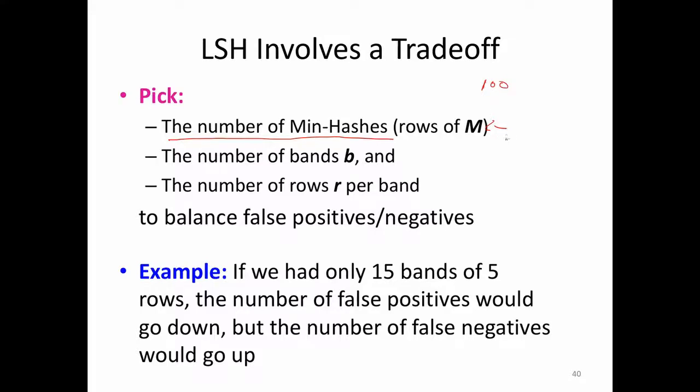Of course, this depends on how much memory you have. So you know how much space each min hash signature is going to take, and you know how many documents you have. So you can calculate, based on the total amount of memory that you have, how many rows you can have.